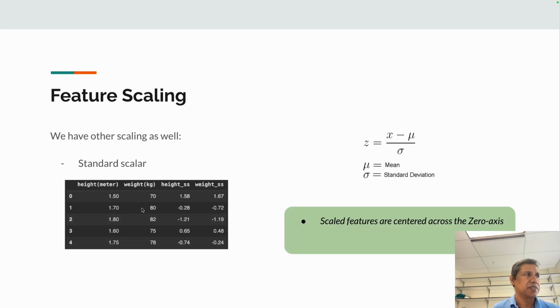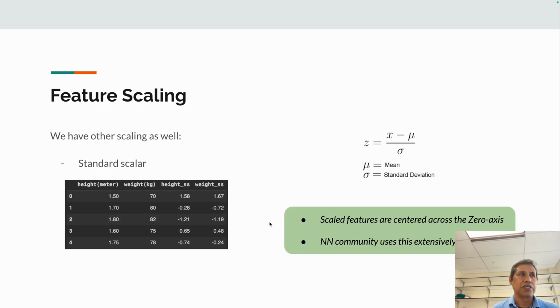If you pay attention here, we have these values following a Gaussian distribution. If we do this standard scaling, your values will be centered around 0. That's why in one of our notebooks we were finding negative values, because the data was scaled using the standard scaler.